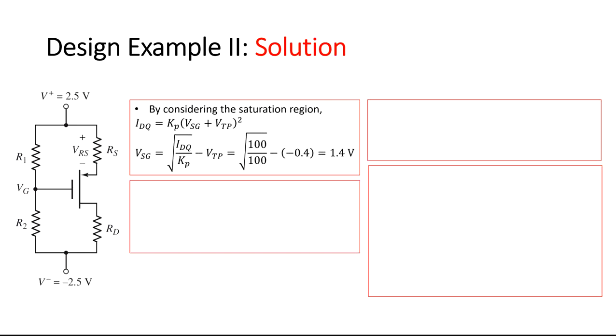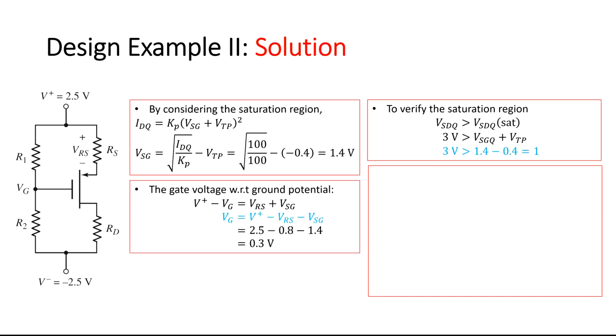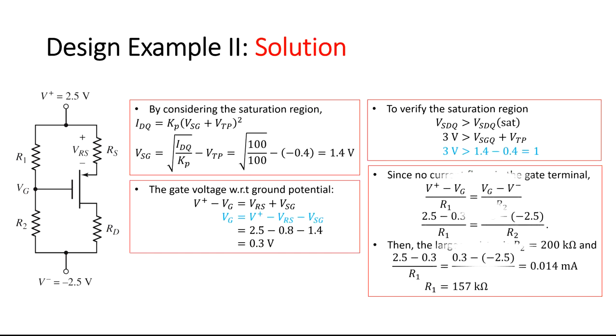By using the source-to-gate voltage, the saturation region is verified. Furthermore, the gate voltage can be calculated. Since the gate voltage is found to be positive and no current flows in the gate terminal, the larger resistor is R2 and R1 is calculated as 157 kΩ.